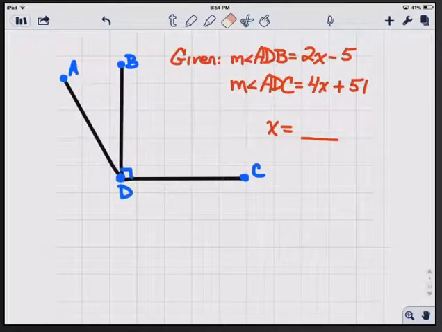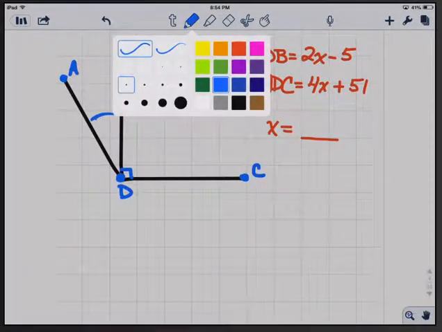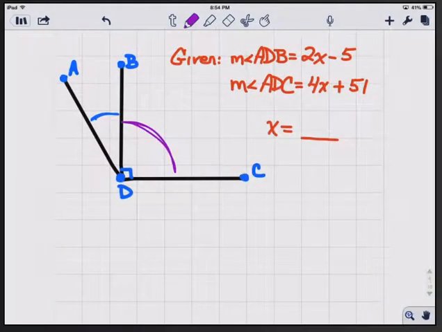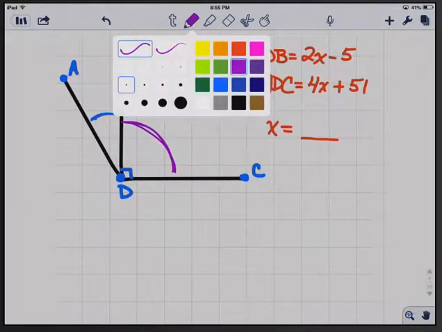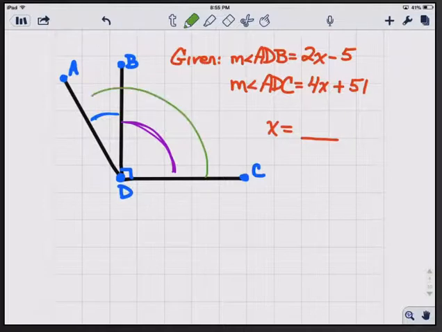Okay, next problem. In this case, we're going to be using the angle addition postulate. Angle ADB, this angle, added with this 90-degree angle should equal this angle, angle ADC.